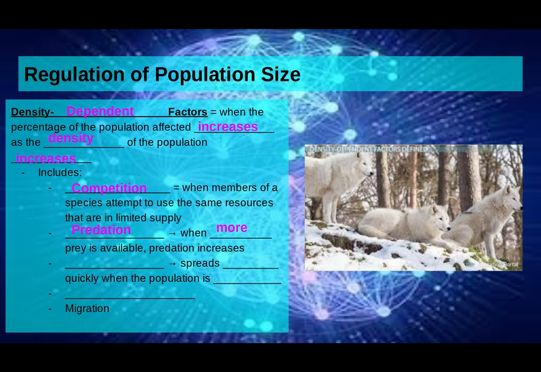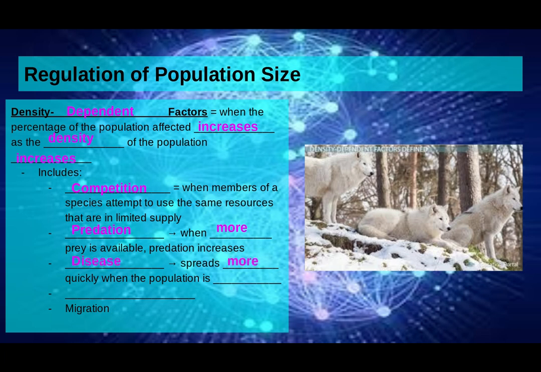We're seeing coyotes come into areas where they don't typically hang out, because we're seeing the prey increase in those areas, since people are less likely to be there because everybody is mostly inside. So as prey increases, predation increases, and you see that also start to affect population sizes.